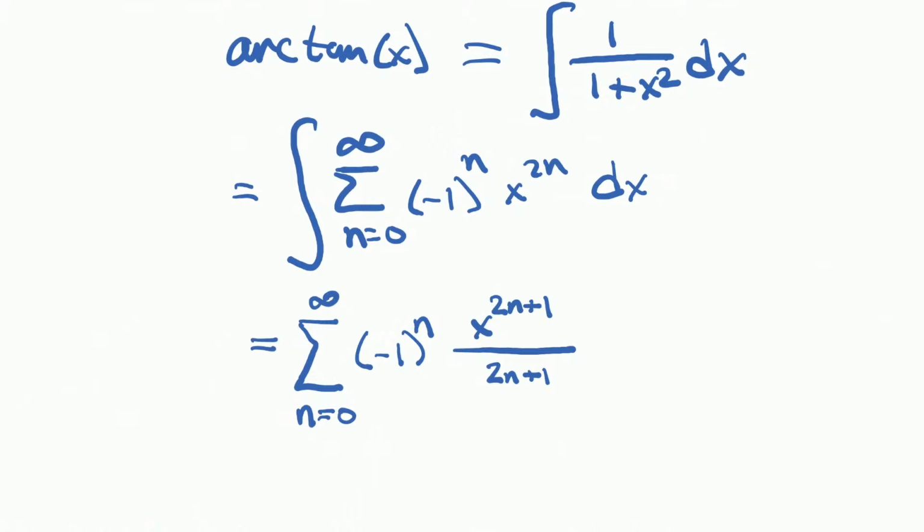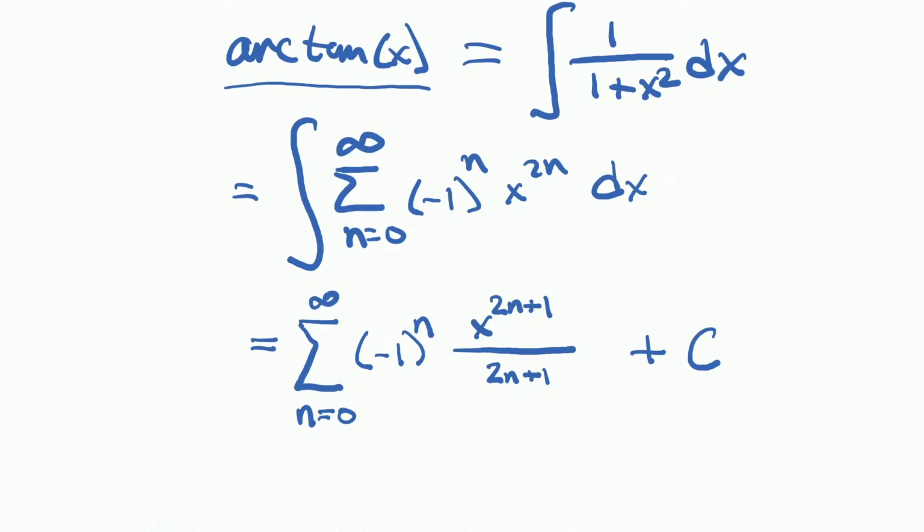Now, since we're doing an antiderivative, of course, I have to have a plus c. But I believe my plus c is going to be plus 0. Let me double check, because I want this to equal the arctangent. And arctangent of 0 is 0.